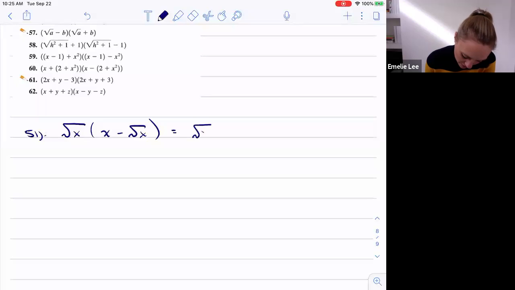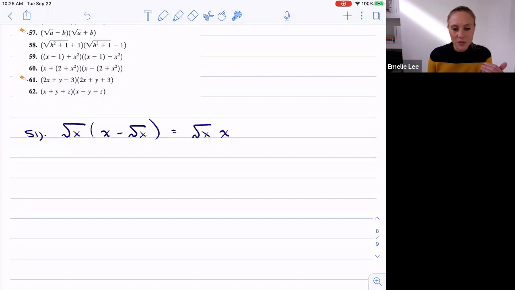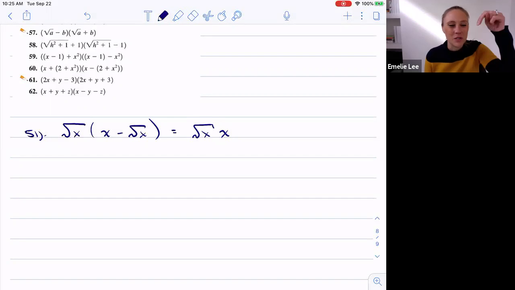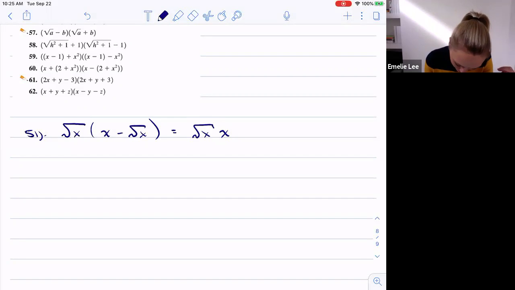You could have just root x, x, but what can get confusing, unless you put a little lip on here to indicate that's the end of the root and this one's outside the root, is that for me it's just easier to read.